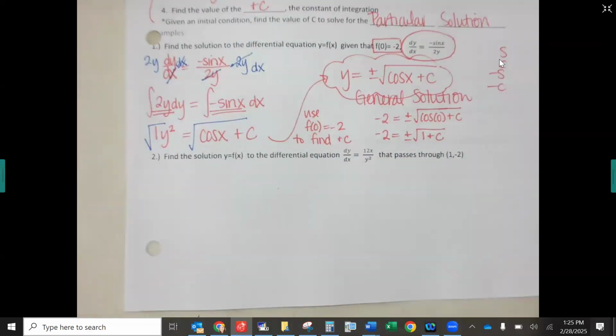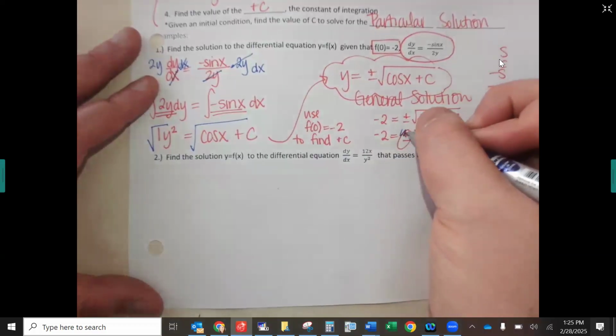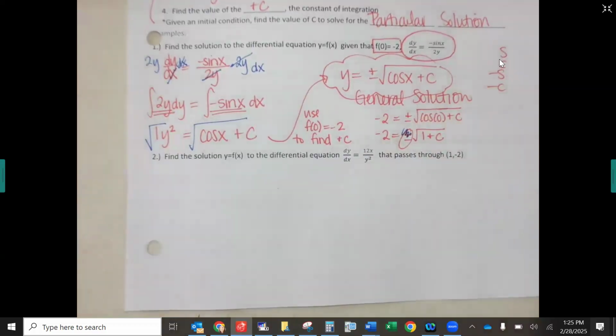But before you get rid of it, you have to pick if a plus or a minus matches the y value that you were given. Since I was given a -2, I'm going to choose the minus. Sorry, not the plus, just the minus. Then my next step, I'll square both sides. It'll go away, but you do have to pick before you do that.